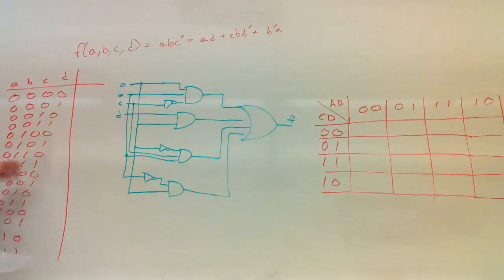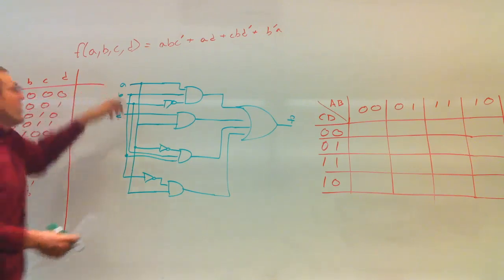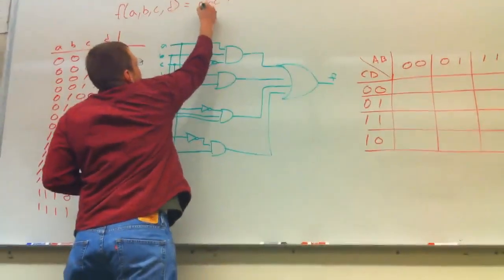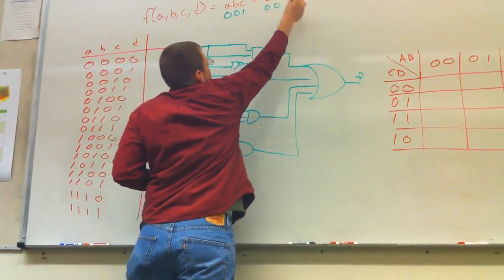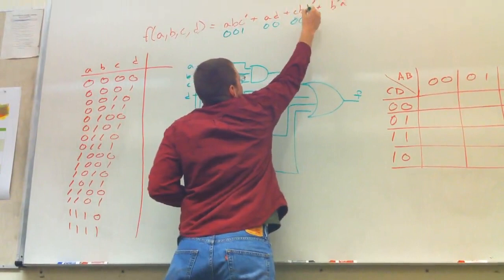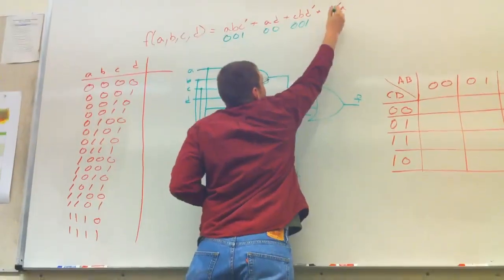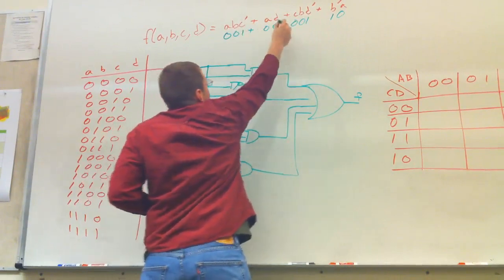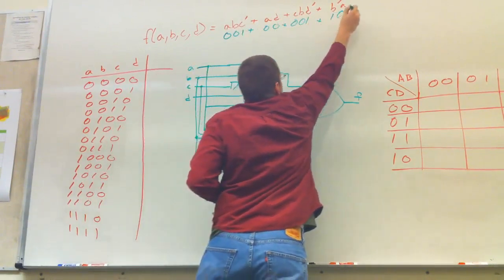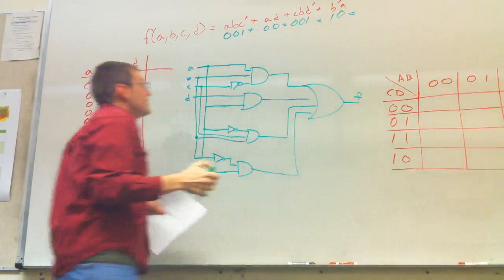So I can do 0, 0, 0, put all in here. So 0, 0, and not the 1 there. 0, 0, 0, 0, not is 1, 1, 0. And all that together, we get 0.